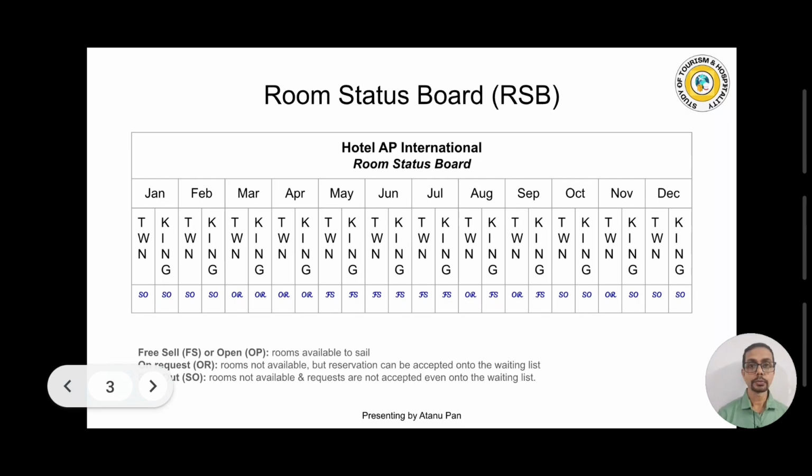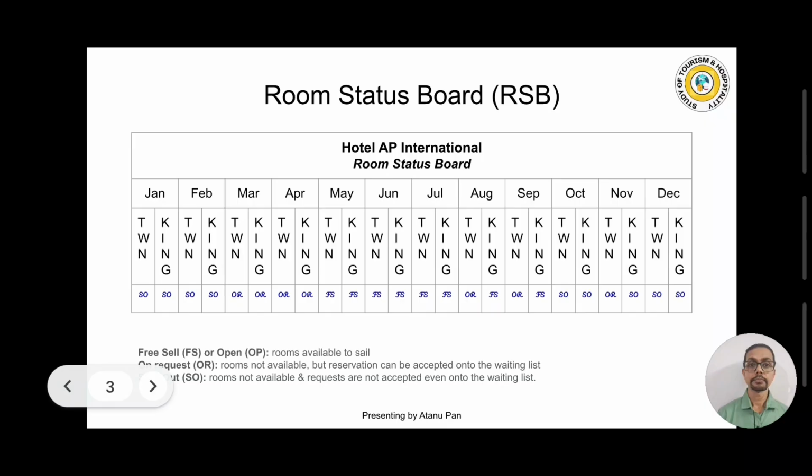Here in this board you can see the months from January to December, so this is for 1 year, and for each and every month the availability of the rooms is mentioned for these two different types, the twin and the king.